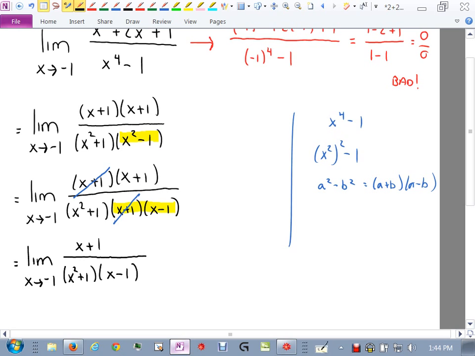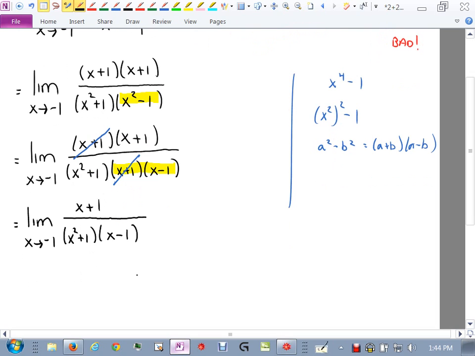Now, my fingers are crossed. I'm hoping that when I let x go to -1, I'm not going to get 0 over 0. What do we get? X goes to -1 on top. So I'm applying the limit now, so I'm not writing the limit anymore. -1 plus 1 over... So I get 0 on top, right?